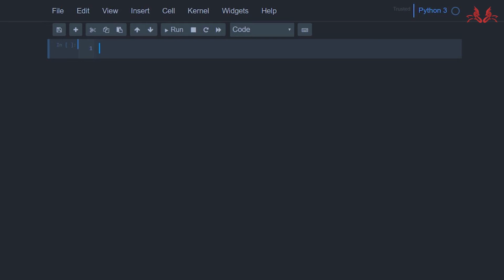For example, we set up an if condition: A equals 10 and B equals 100. If A equals B, print Lativa.